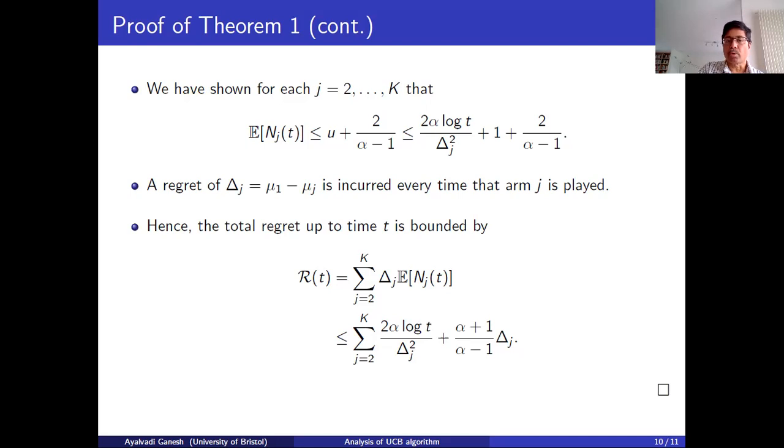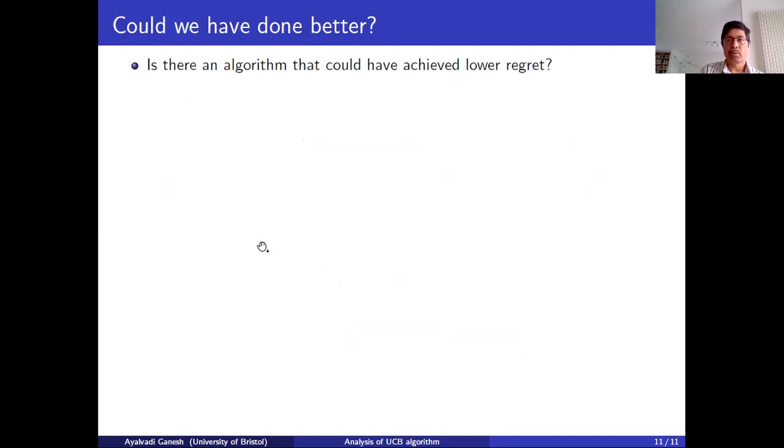We could ask for more. We started out with a very naive heuristic, which had a regret growing linearly in t. Then we presented a clever algorithm, which improved the regret enormously from linear in t to logarithmic in t. But should we be satisfied? Could we do even better?